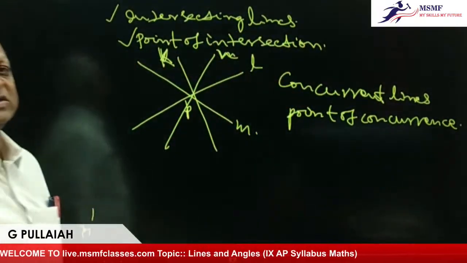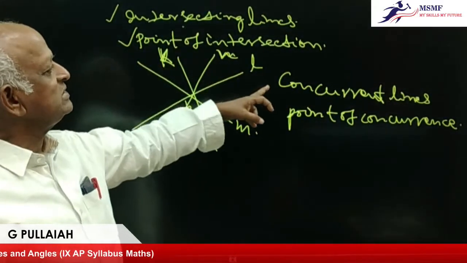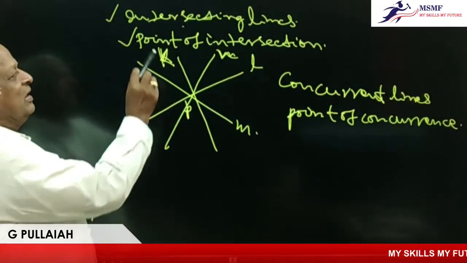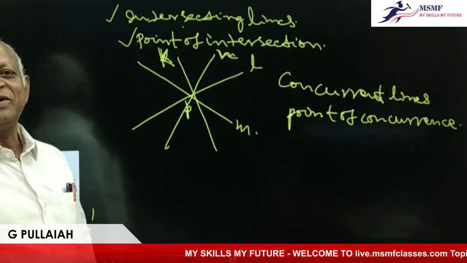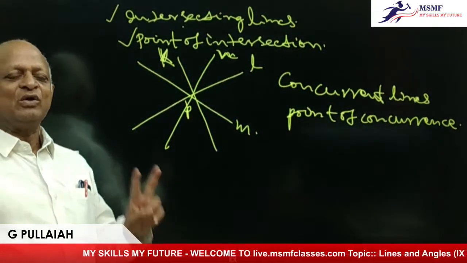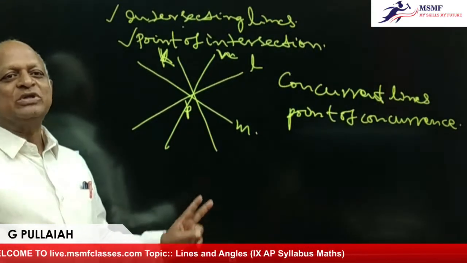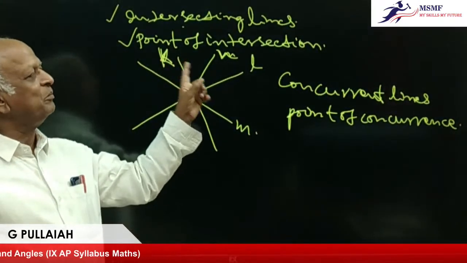Point of concurrence. Think very carefully about the difference between intersecting lines and concurrent lines, and between the point of intersection and point of concurrence. Point of intersection means only two lines are intersecting. Point of concurrence means more than two lines are intersecting. Clear? This is a very important concept.